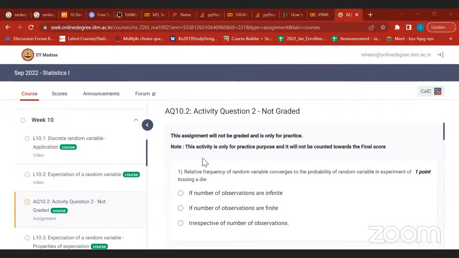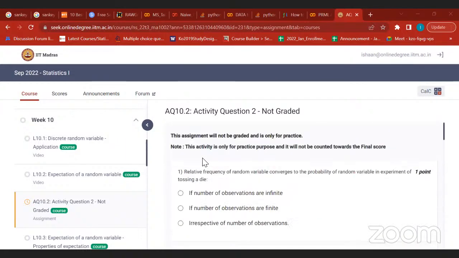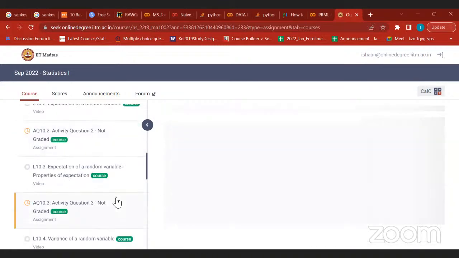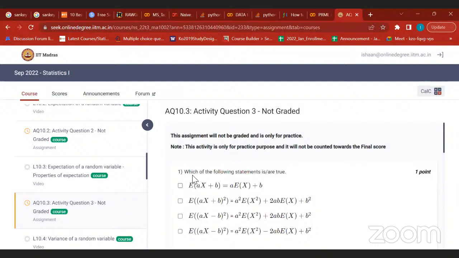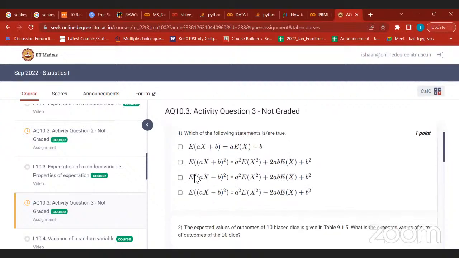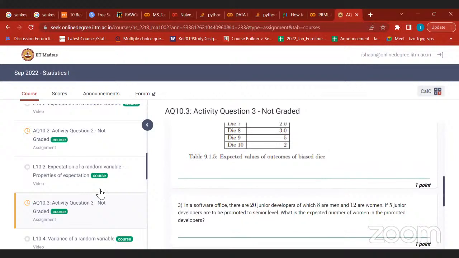Any doubt in the activity question? No, sir. What about properties of expectation? Is it clear, or any doubt in any of it?